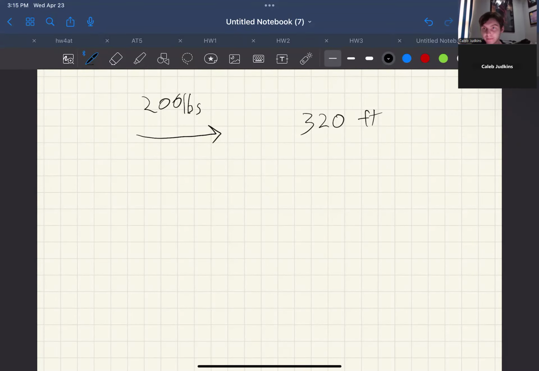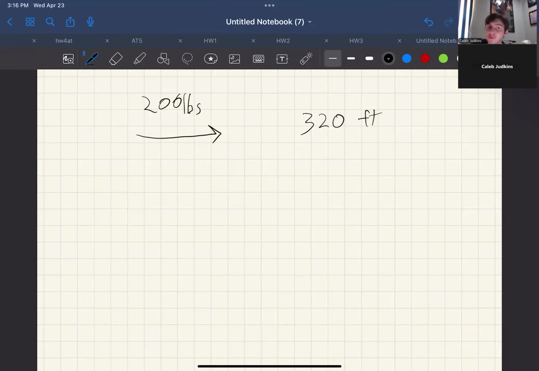There's this question of how much effort does it take, right? How much gas do I need to move my car that far forward? That is where work is relevant.